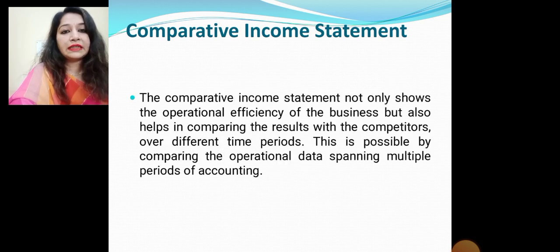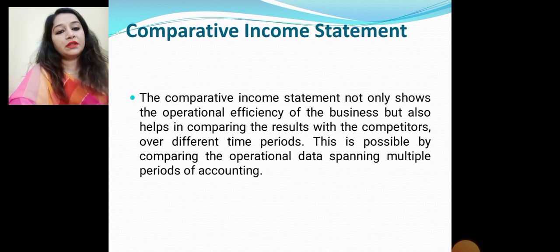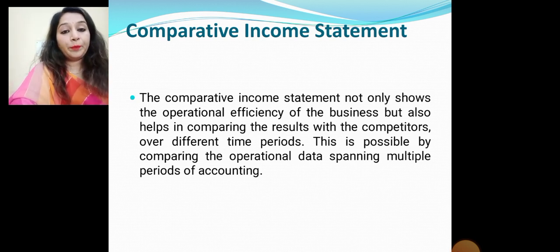The comparative income statement not only shows the operational efficiency of the business but also helps in comparing the result with the competitor over different time periods. This is possible by comparing the operational data spanning multiple periods of time.